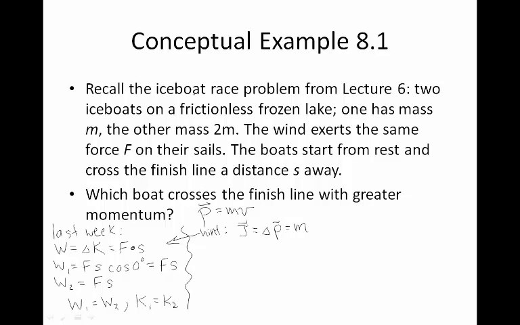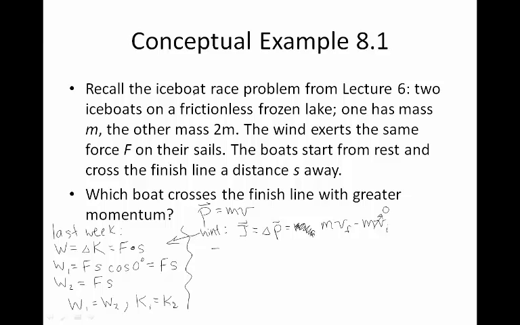That's mass times velocity final minus mass times velocity initial. We assume both boats start from rest, and then they end up with some final velocity, so this term goes to 0 for both boats.